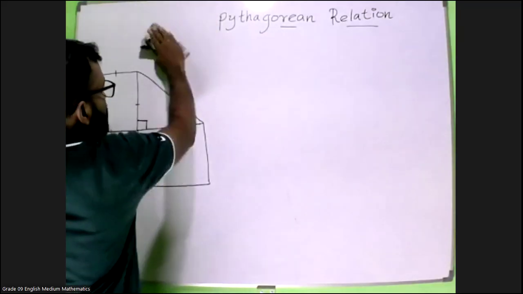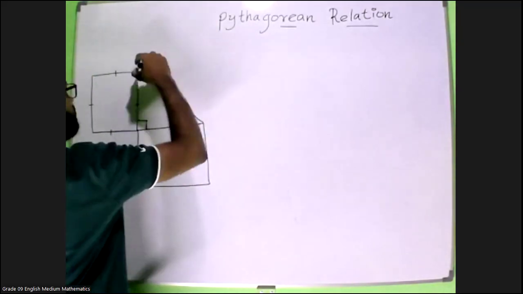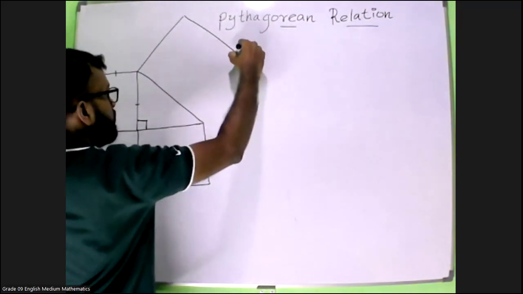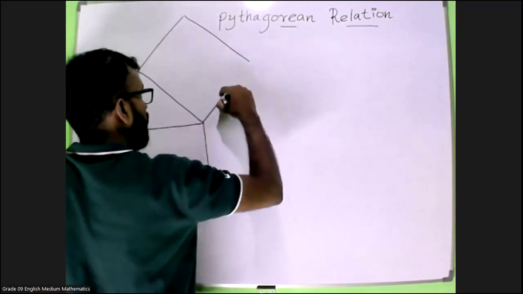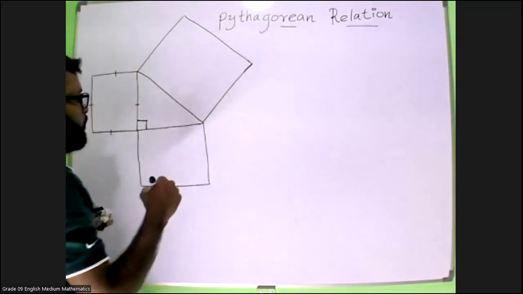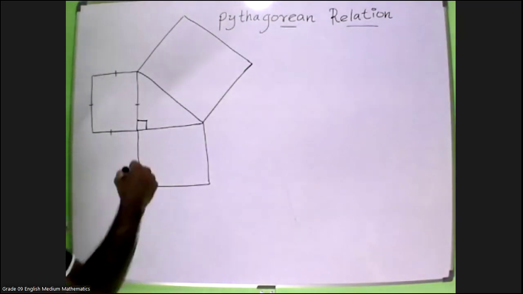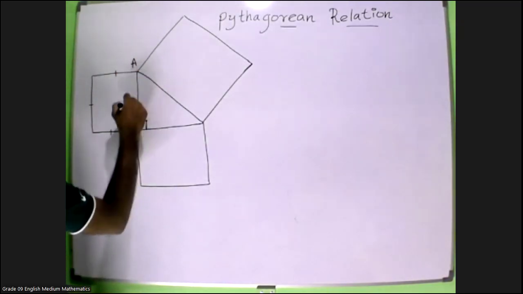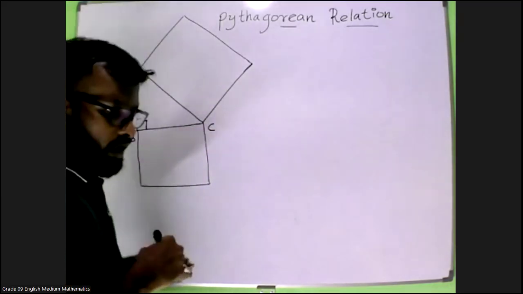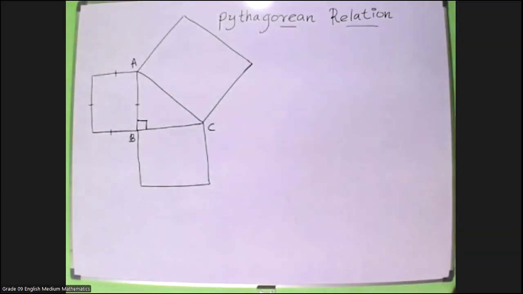Right? So I will clear this somewhat. On the hypotenuse, we have again a square.